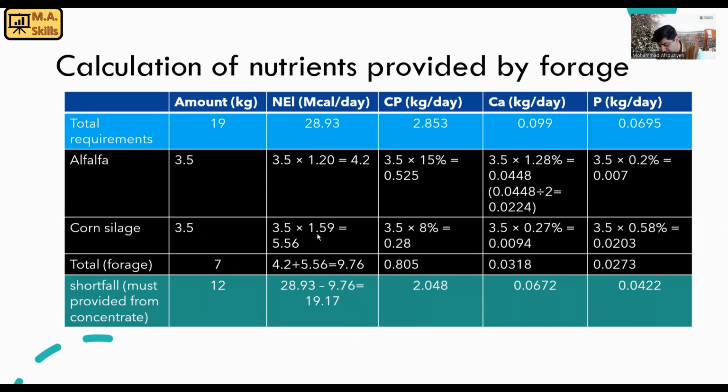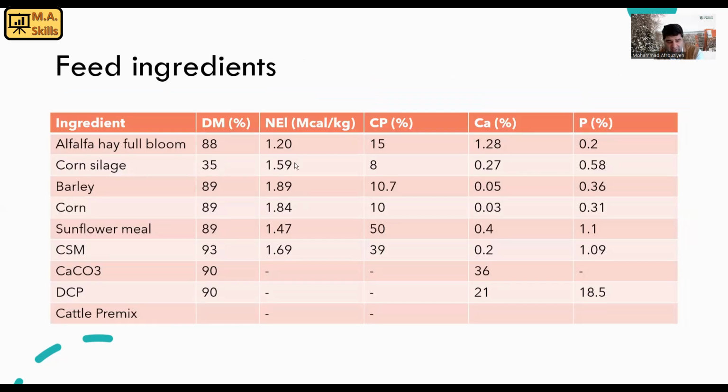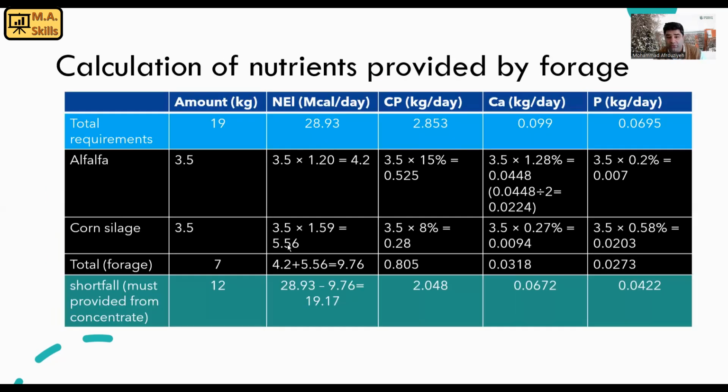As you can see, our corn silage has 1.59 megacalorie energy, right, from this table. Corn silage, 1.59 megacalorie per 1 kilo. So we are going to provide 3.5 kilo corn silage. So it's gonna have 5.56 megacalorie energy per day.